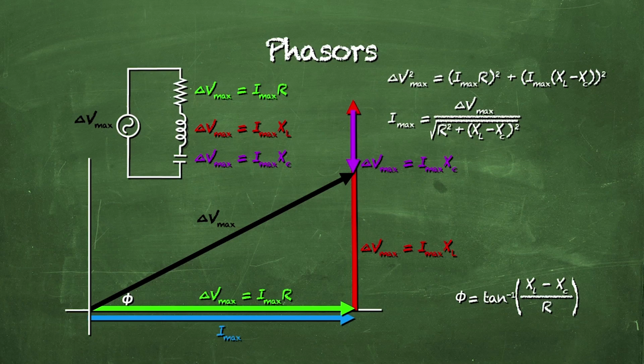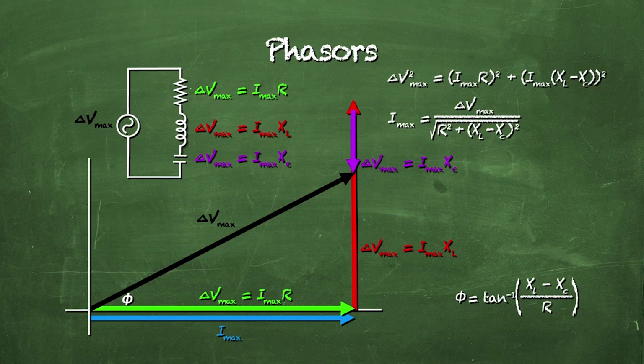So you see that on the opposite side of our triangle, we go up by the current times the inductive reactance, and then we subtract off the current times the capacitive reactance. So the effect of the capacitor subtracts off from the effect of the inductor.